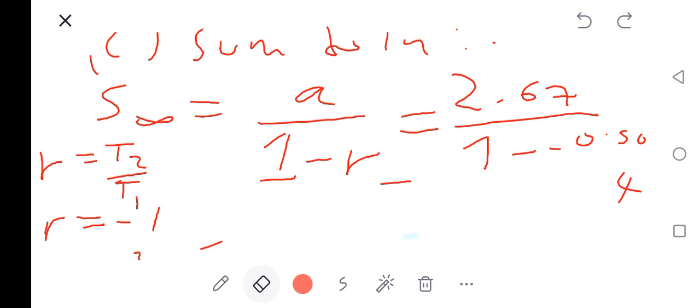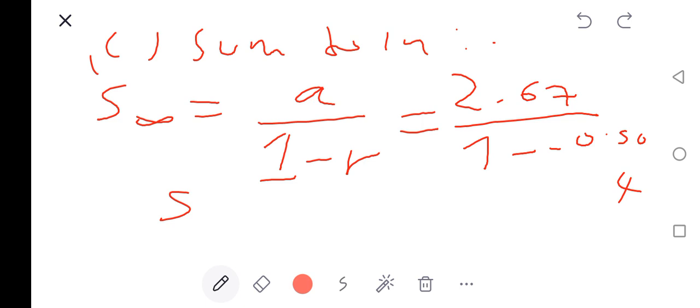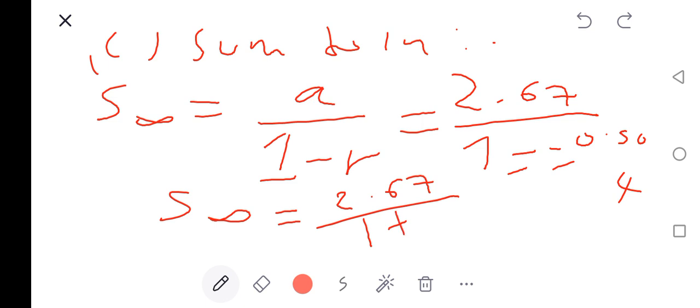So it's just a matter of now following up to say sum to infinity is equal to 2.67 over 1. Negative, it's a plus.